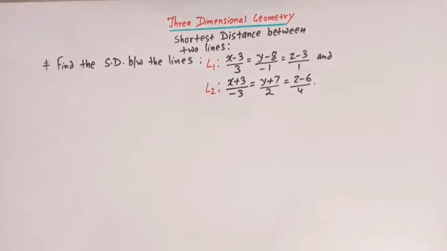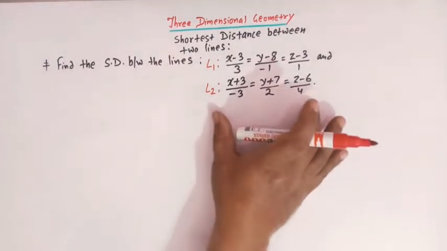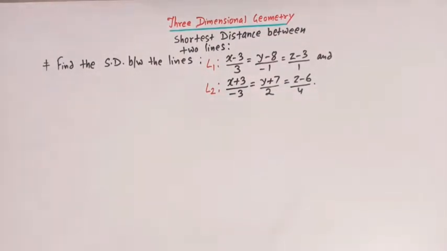We have already discussed the detailed concept of shortest distance between two lines in our earlier videos. Here we are going to solve this problem by making direct use of the given formula.